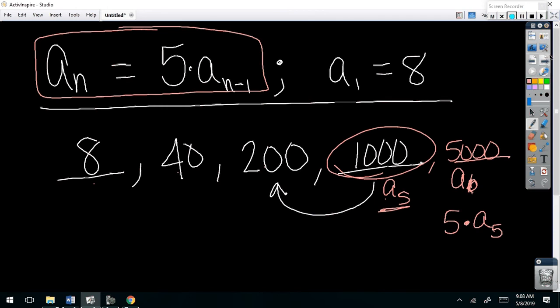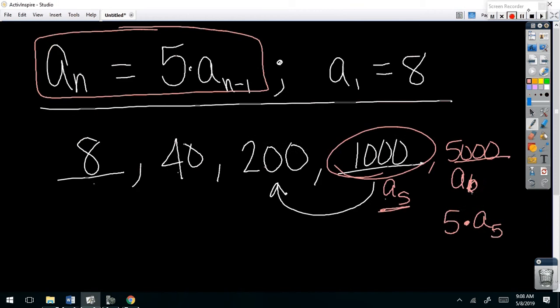Okay, so look at this one. A sub n equals 1/2 times the sum of the two prior terms.